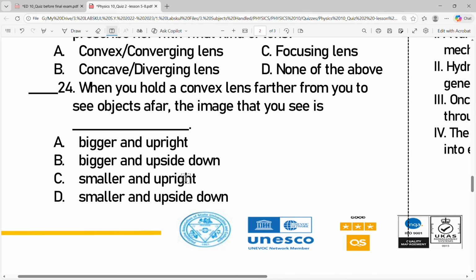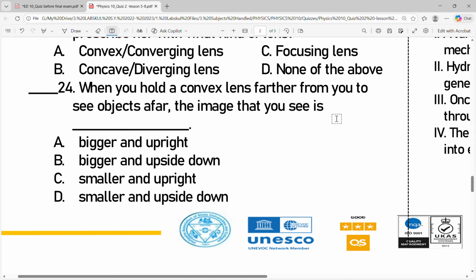When you hold a convex lens farther from you to see objects afar, the image that you could see is, again, now, para hapos i-recall darling, anong correct answer? Convex lens. Ang image nga ma-form niya is just like the same as that of a concave mirror.